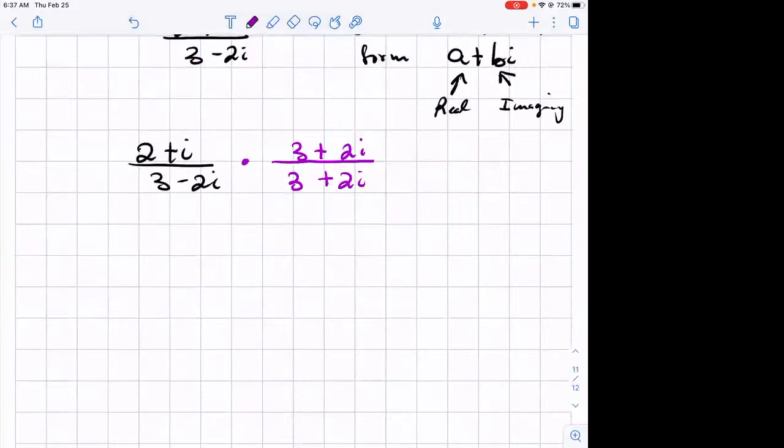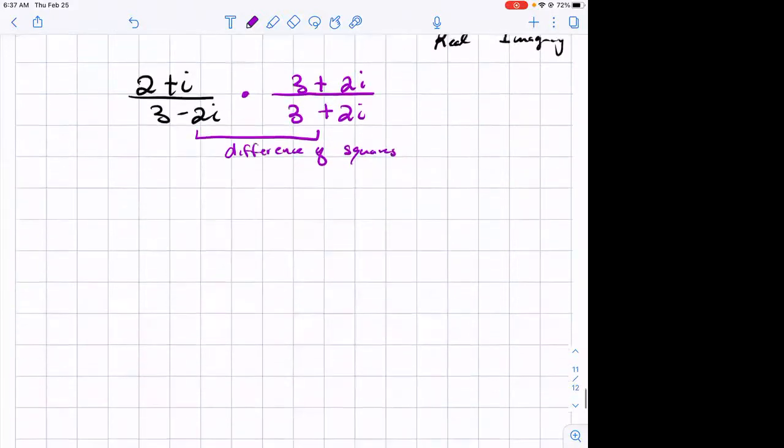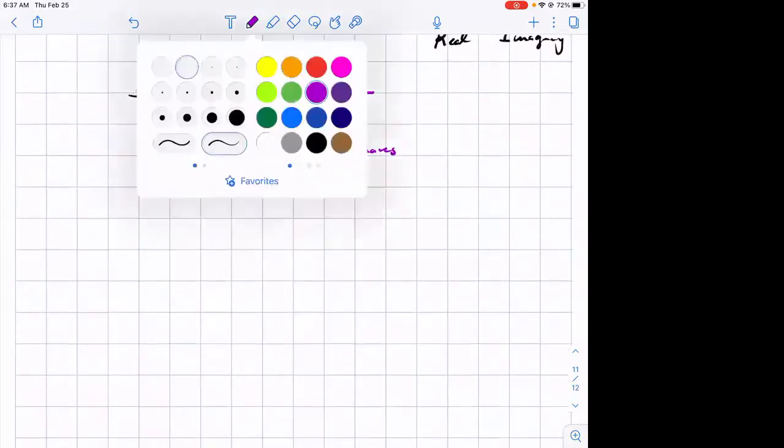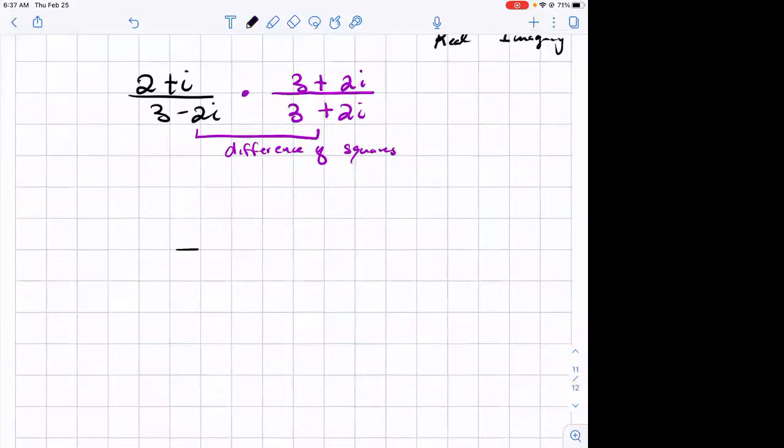Now notice, this is a difference of squares. So when you multiply out the bottom, you will get 3 squared minus 2i quantity squared.